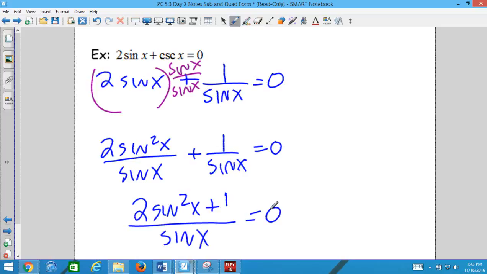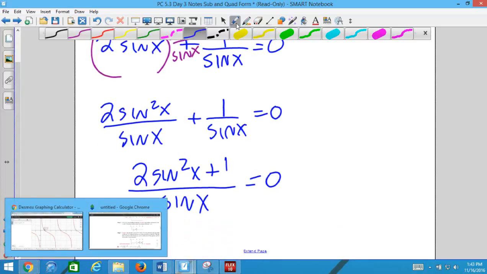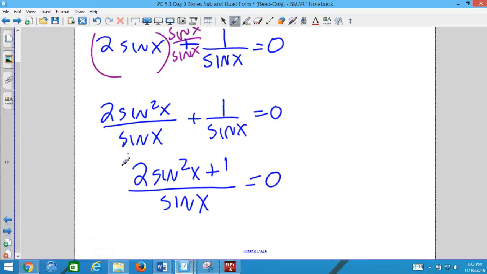What would we do then? I'm going to go to what Evan had said earlier. You just multiply both sides by sine x. Multiply everything by sine x.